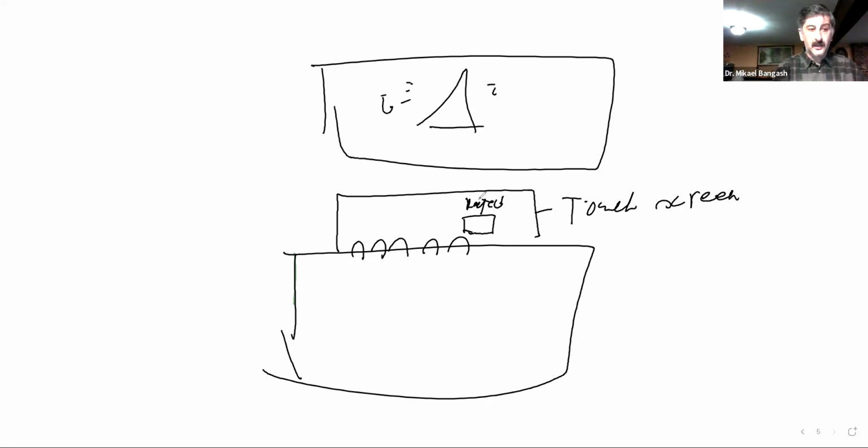By touching this, there may be an arrow that points up or an arrow that points down, where you can increase your reject, or decrease your reject.